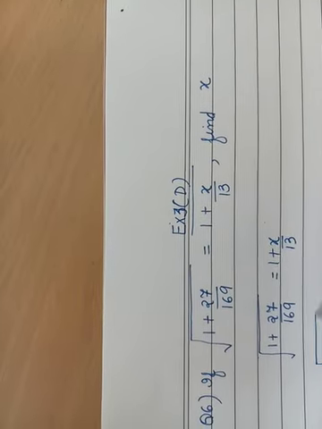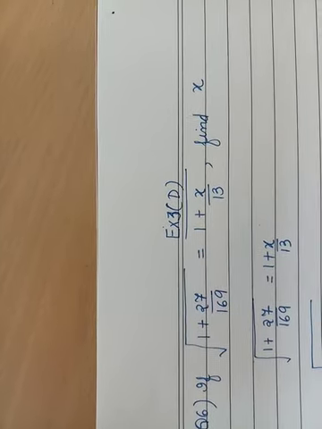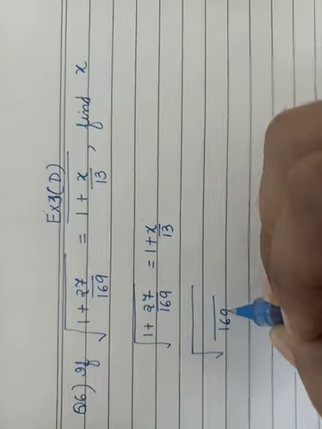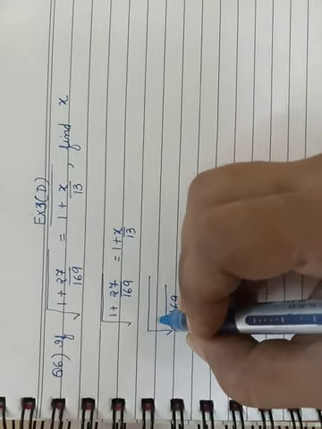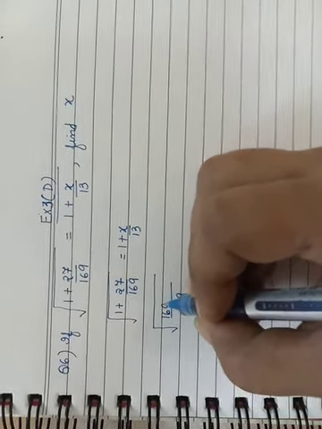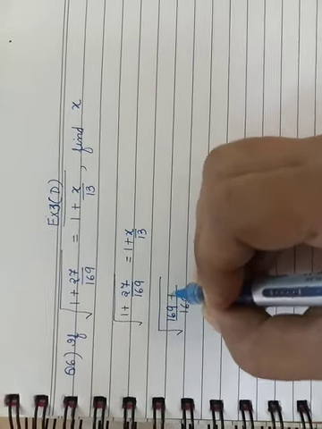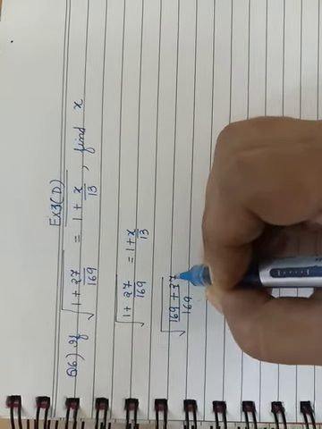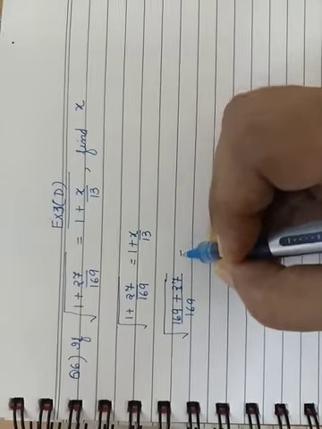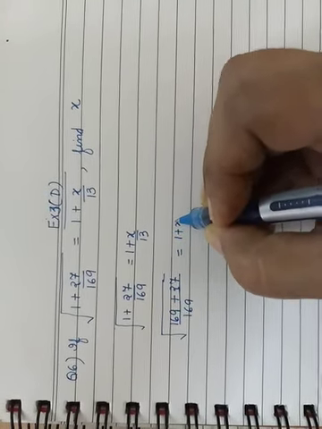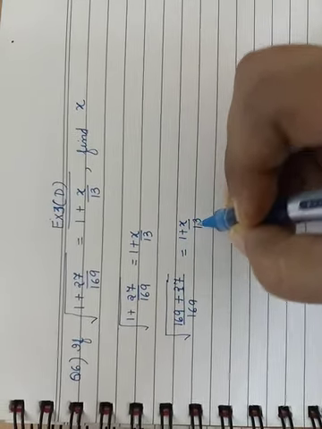Now in LHS we'll take 169 as LCM, and 169 will be multiplied in the numerator plus 27 is equal to 1 plus x by 13.